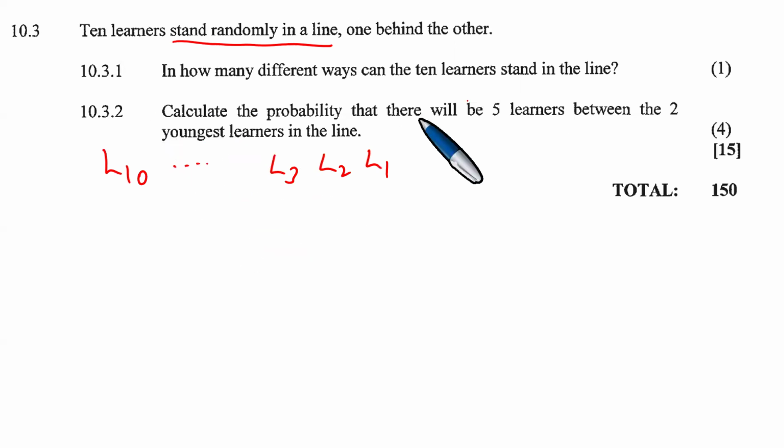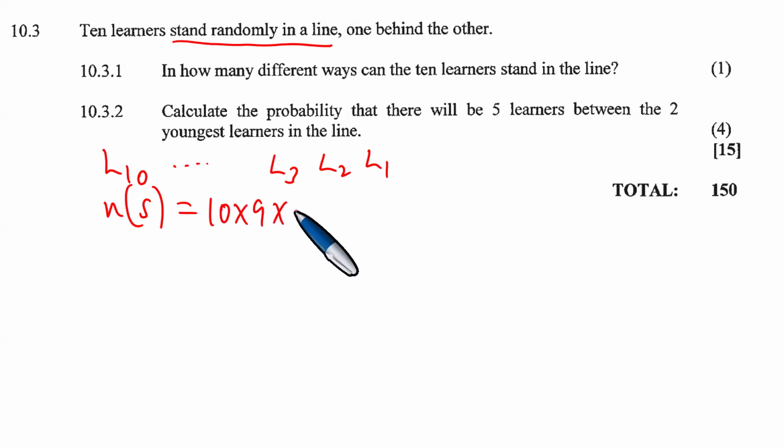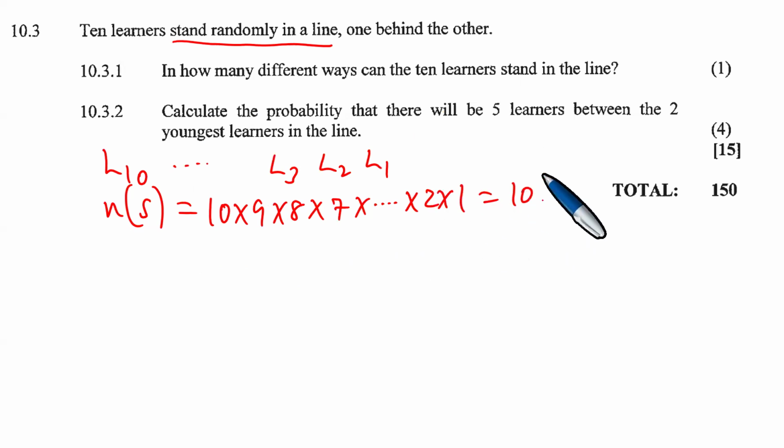They can stand in the line in the total number of elements in the sample space. So they can stand in the line in 10 times 9 times 8 times 7 times 2 times 1, which is exactly 10 factorial.